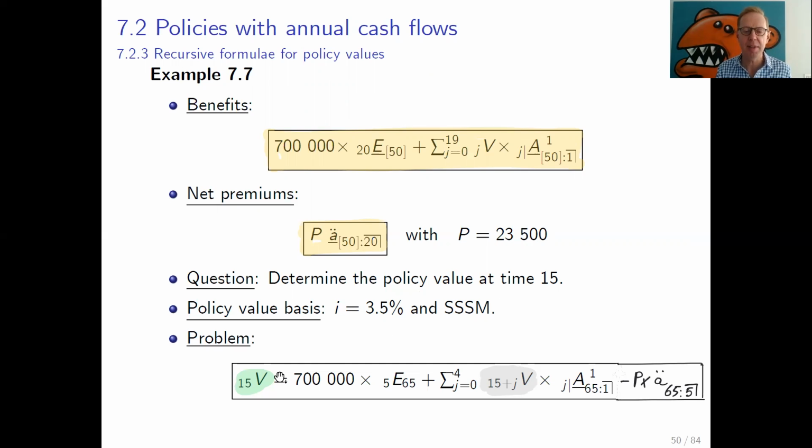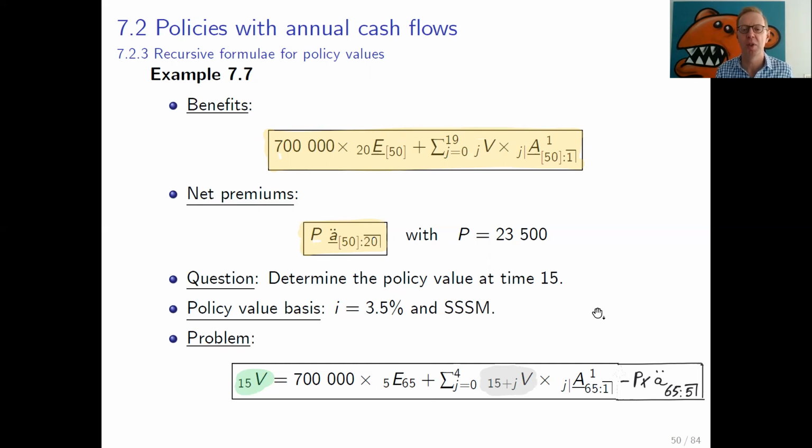V15 is, well, if the insured is still alive at time 15, he has the age 65, and his contract is now a pure endowment on a person of age 65, which pays in 5 years the amount of 700,000, provided he is still alive then. But there are also death benefits related.